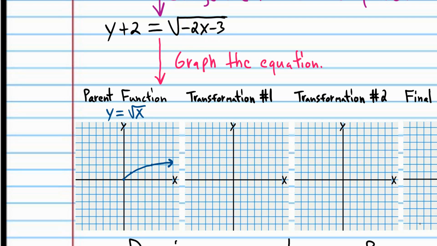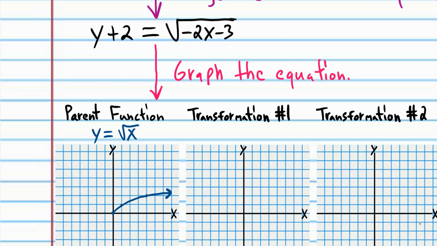The transformation properties don't tell us what to do in that situation. The transformation properties only tell us what to do when we're subtracting 3 from x, not from negative 2x or 2x or negative x. So we can't dilate or reflect first. We have to translate first.